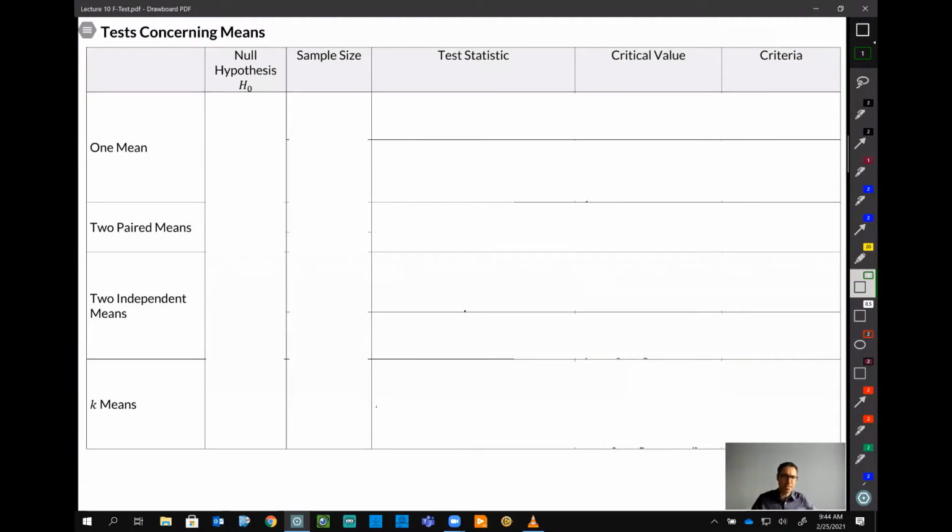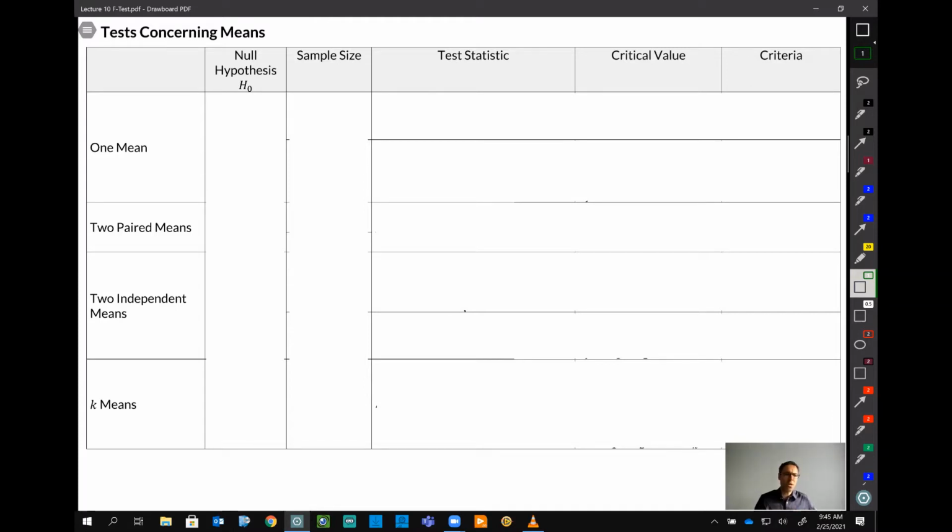Let's summarize them in this table, the steps that we need to do to conduct a hypothesis testing. Okay? So the first column are the 4 scenarios that you saw. And please pay attention to this page. If you can follow and understand this page, it means you're good for conducting a hypothesis testing concerning means.